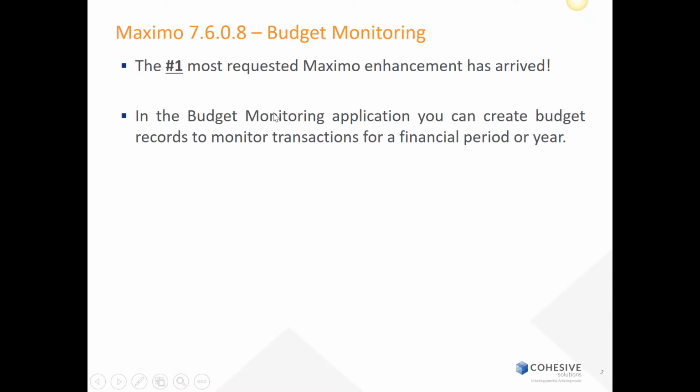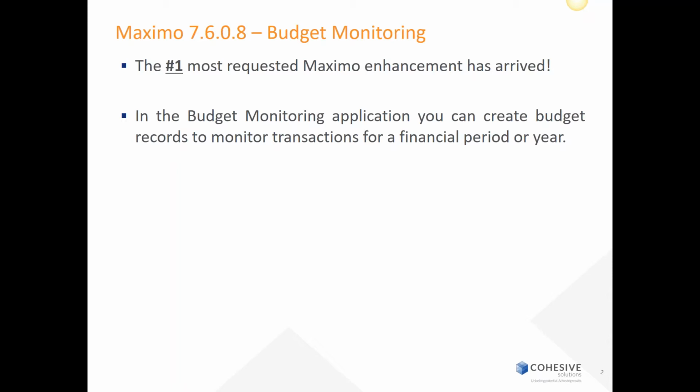So the number one most requested Maximo enhancement that has been around for a while is the ability to do budget monitoring, and IBM has delivered with that in their latest release 7608. It's an application that comes to you at no additional cost if you're under a maintenance agreement with IBM, and the budget monitoring application allows you to create budget records done against transactions for any financial period that you define.